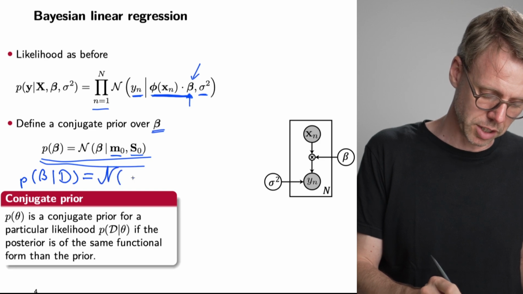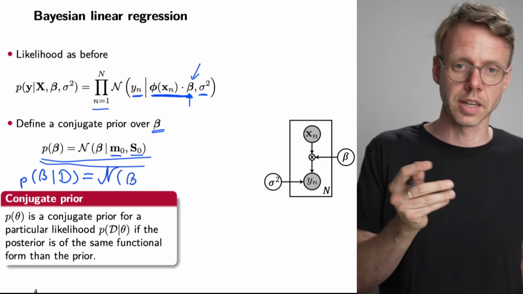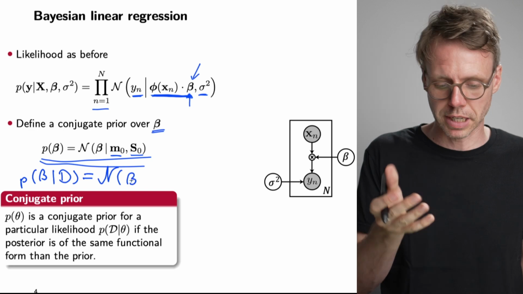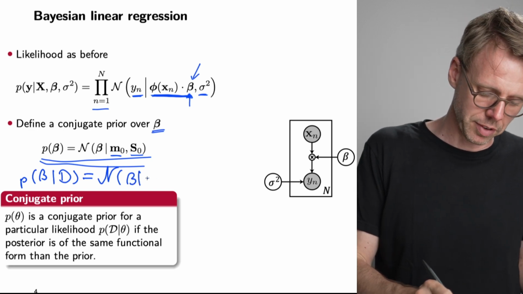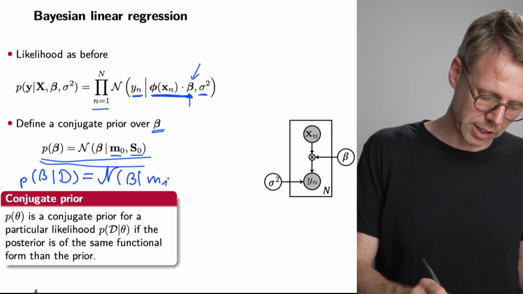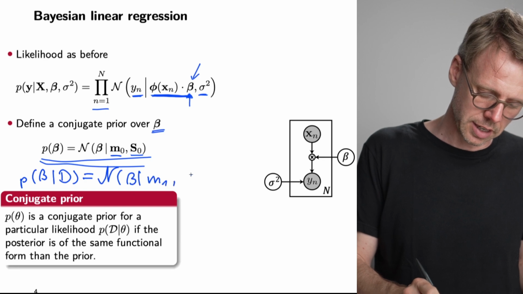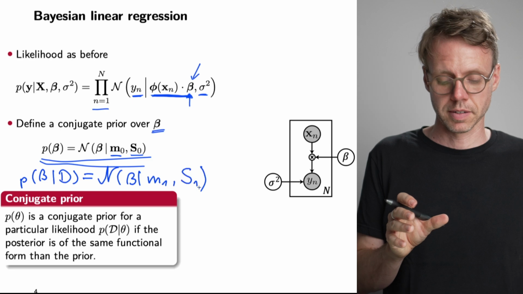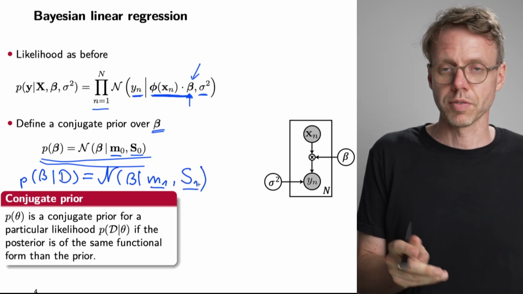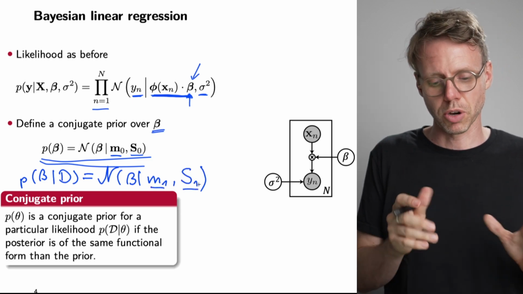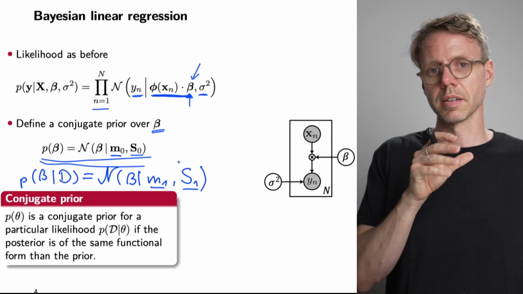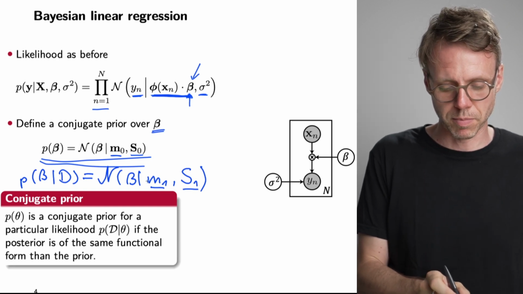So it will be a Gaussian distribution, of course, in our parameter vector beta that will have some mean vector and some covariance matrix. The goal of the lecture here will now be to find the posterior parameters M1 and S1.